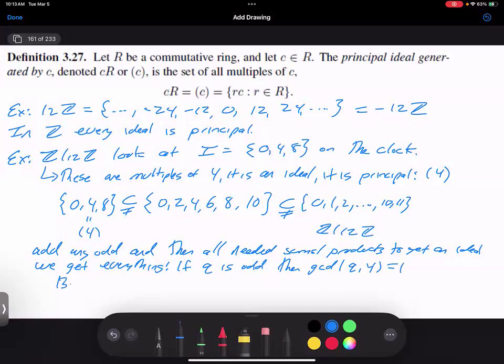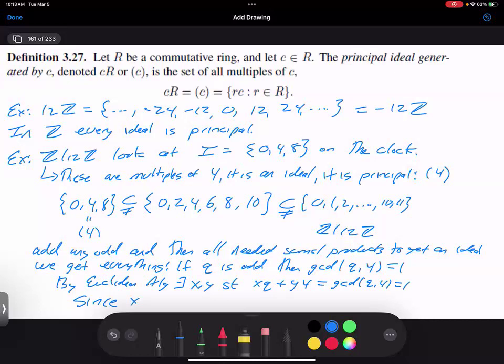So by the Euclidean algorithm, there exist X and Y such that XQ plus Y times 4 equals the GCD of Q and 4, which equals 1. Since XQ and Y4 are in the ideal, so is 1. And thus it is everything.